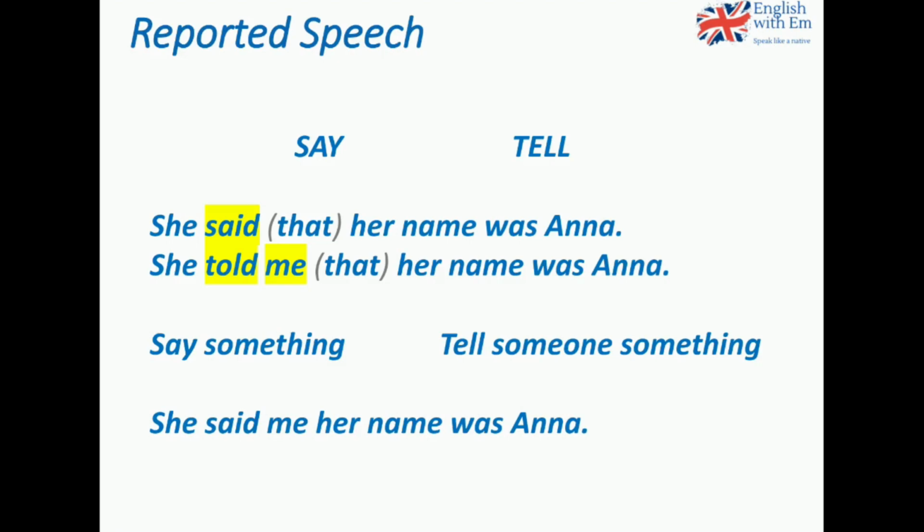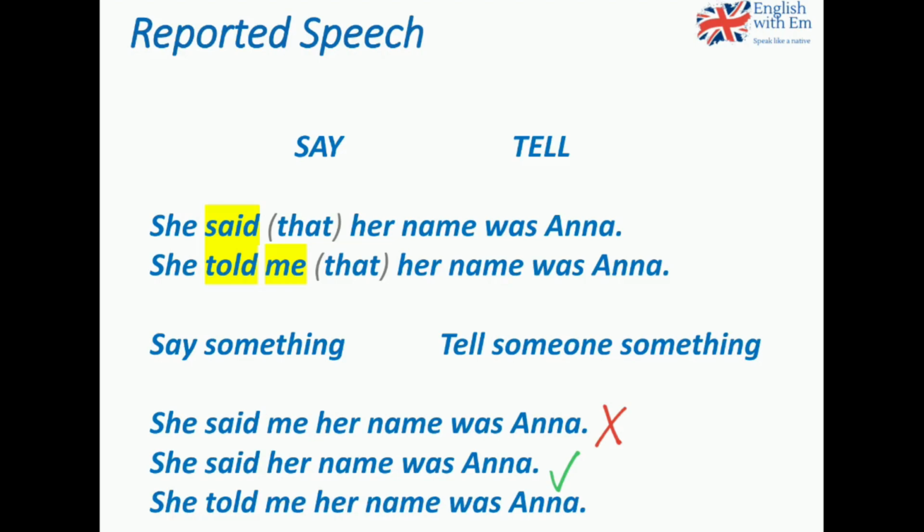Doesn't sound quite right, does it? It's not correct. We don't use the object pronoun with say. She said her name was Anna. Perfect. She told me her name was Anna. Perfect. Okay, so we can use say or tell. But if you're going to use tell, you need to use an object pronoun as well.